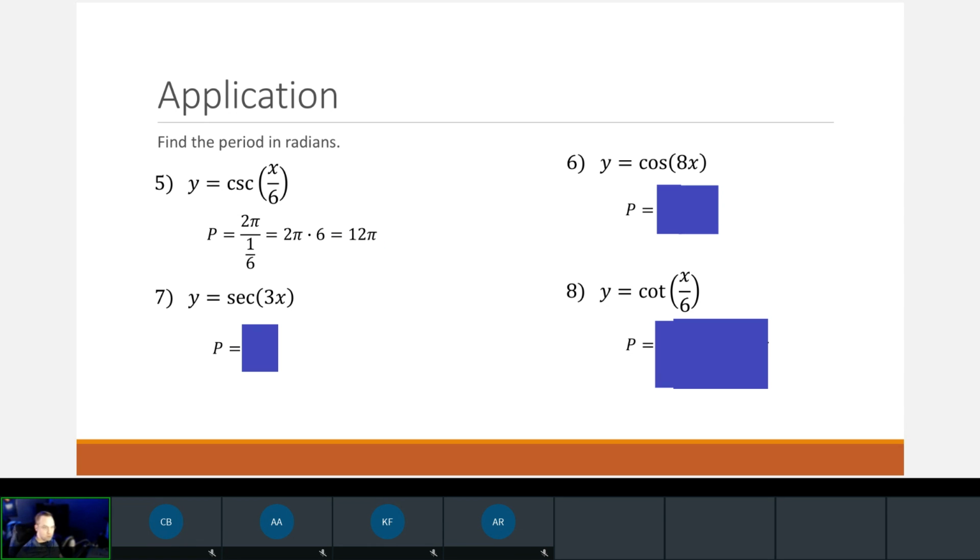So in words, what does that tell us? If the period is 12 pi, what does that tell us? It expands. And let's be really specific here.